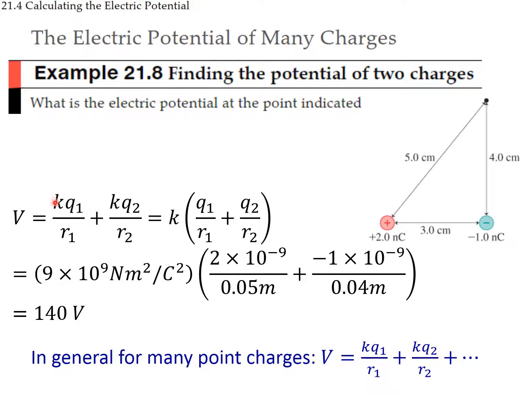So we can factor out the K, simplifying the calculation. It's going to be this charge divided by this distance and this other charge divided by that distance. Gives you 140 volts. Look at the fact that one is negative, so we have to use a minus sign there. In general, for many point charges, the potential produced by all those charges should be just the addition of all the individual numbers.